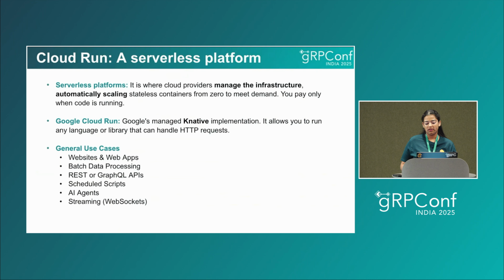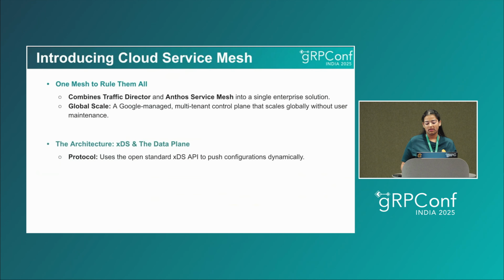It also executes asynchronous tasks. Think batch data processing, running reports or simple scheduled scripts that execute periodically. And importantly, due to its containerized flexibility, it can handle more complex workloads, such as hosting machine learning models for AI agents or maintaining persistent connections like those used for streaming.